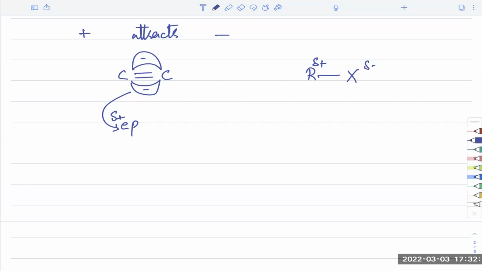Basically, any nucleophile coming in on the side with a lone pair, with a negative charge, if it looks at that positive charge, it will just not be able to resist. It will go on and attack the positively charged thing. And when that happens, it pushes the electrons towards the halogen.